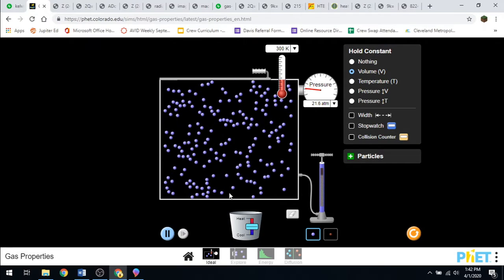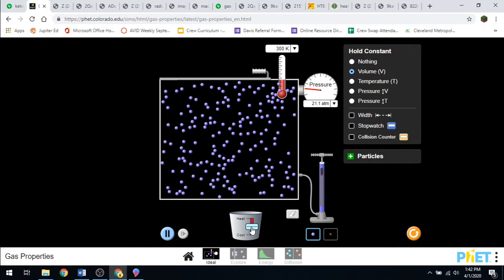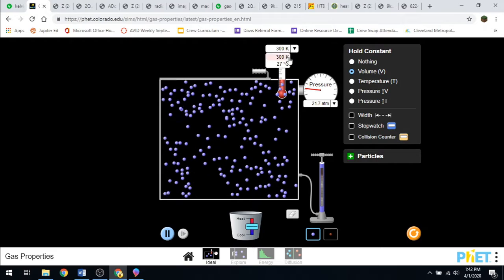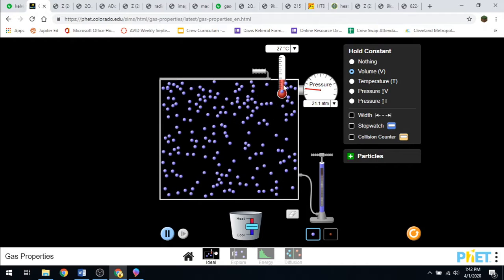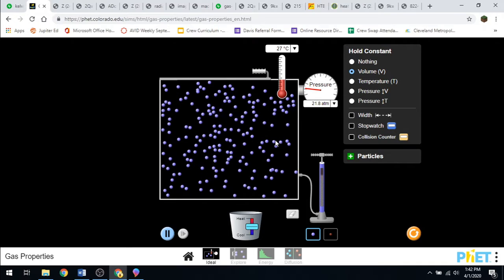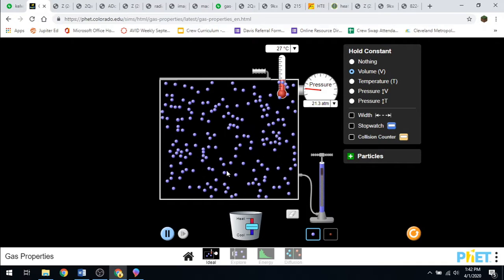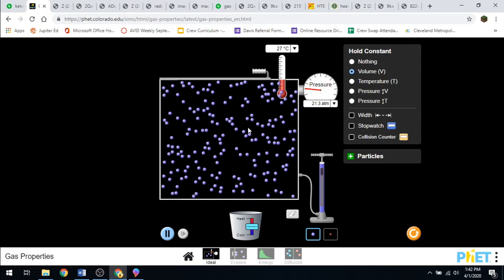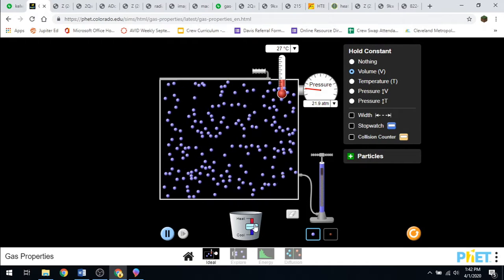This would also apply to solids and liquids. It just looks a little different. Two things I want to point out: I want you to pay attention to the temperature gauge here as we do a couple things, and I also want you to notice how fast the particles are moving. You can see they're bouncing around.